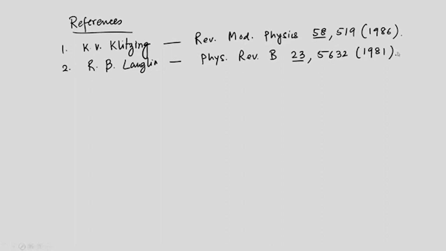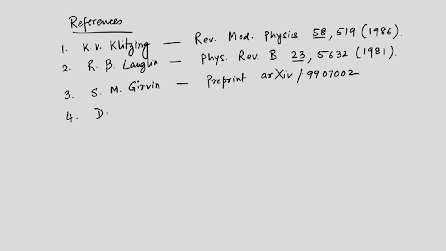And then there are excellent review articles, one of them by S.M. Girvin. This is available in the arXiv. It's a preprint, 9907002. There is another excellent one which I shall be referring to every once in a while by David Tong.